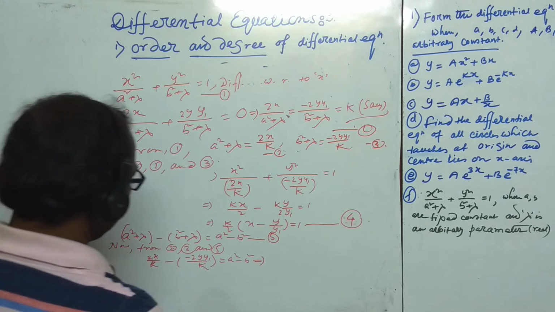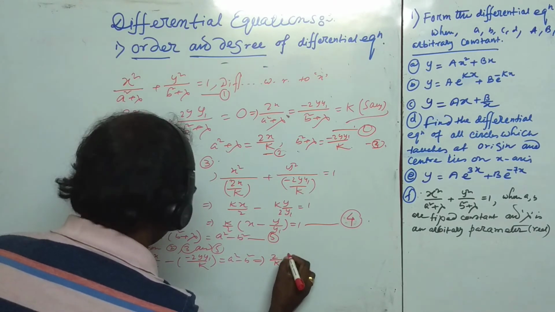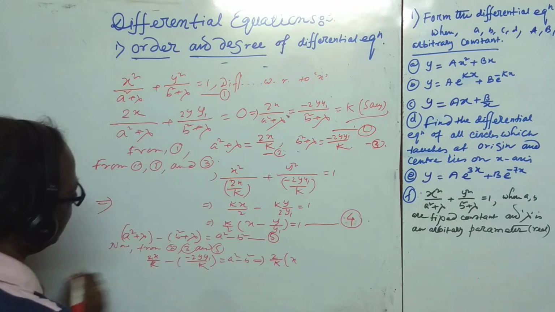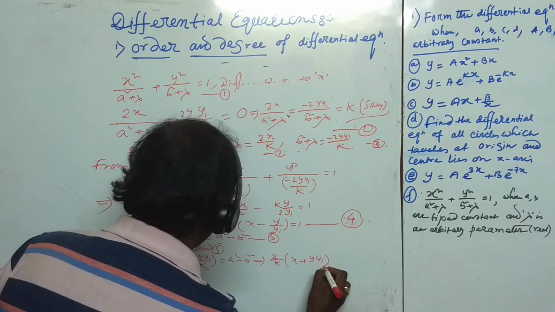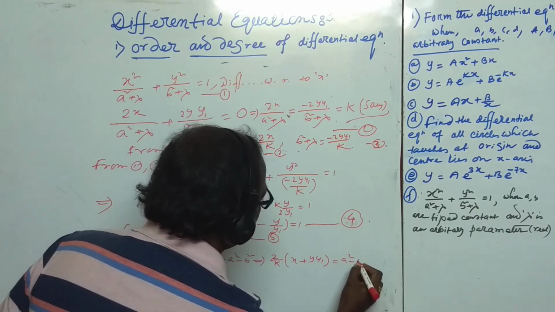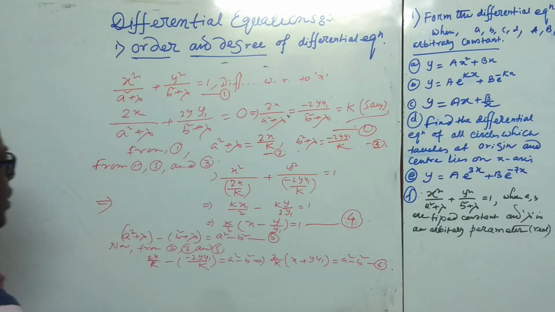Taking common 2 by k, x plus y y1 is equal to a square minus b square, that is 6.